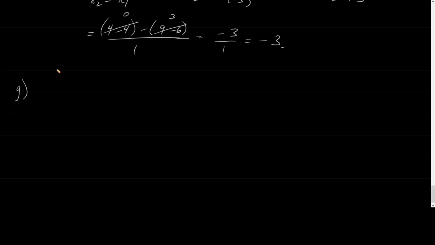Let's say that I had something like f of x is equal to 5x cubed minus 3x squared plus 2. And we're going to do this from negative 1 to positive 1, right? So let's see, our average rate of change.